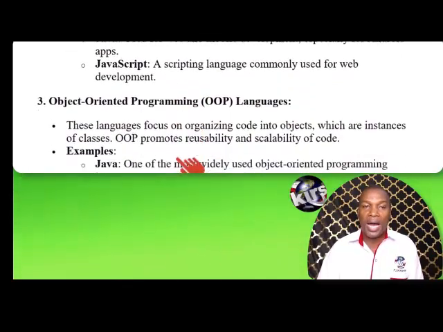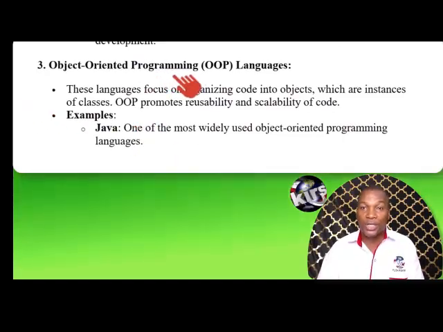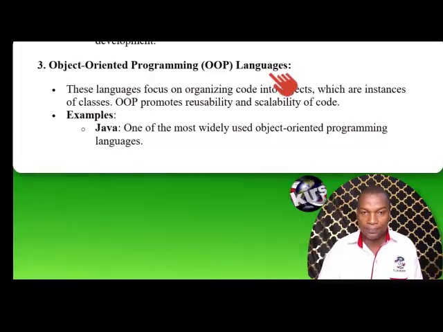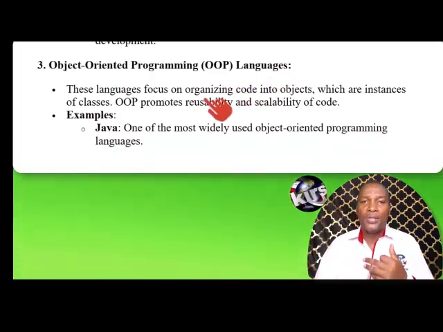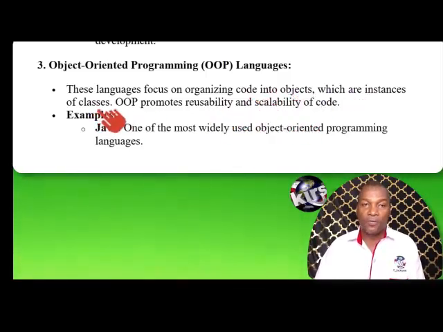Then we go to the third category, which we are classifying as object-oriented programming languages. These languages focus on organizing code into objects, which are instances of classes. Object-oriented programming promotes reusability and scalability of code.